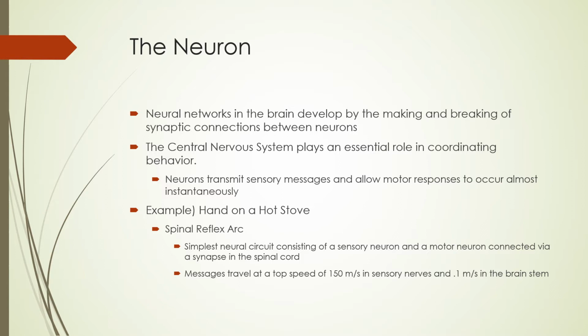And this allows us to make movement, and it travels at a top speed of 150 meters per second in sensory nerves and 0.1 meter per second in the brainstem. So a lot of it goes from recognizing that something's wrong and sending that message back to the brain, and then slows down in the brainstem before allowing you to create the action quite quickly.